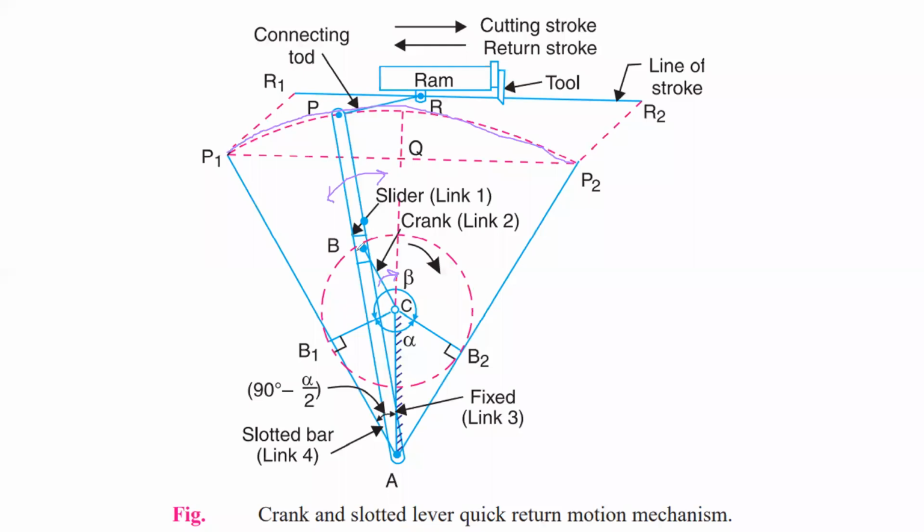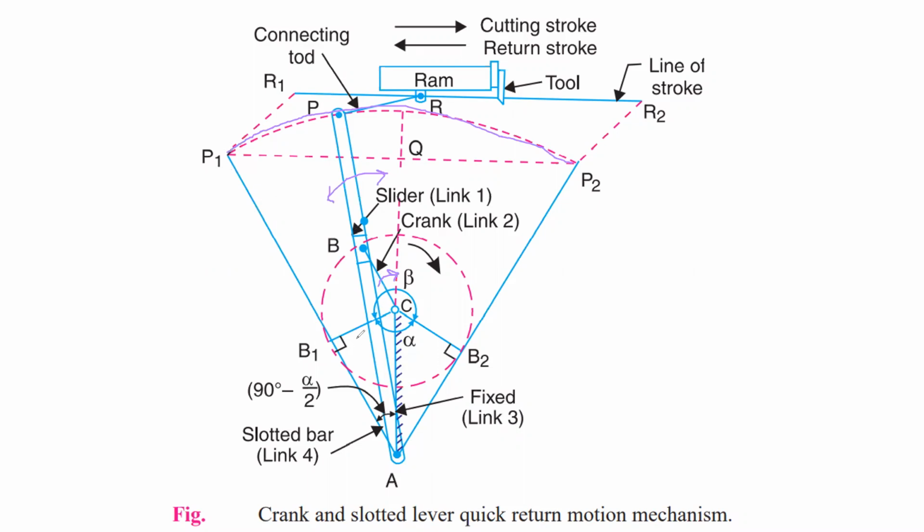When link CB is at position CB1, at that time this lever AP, pivoted here at point A, will be at position AP1. This lever will be here when the crank is here.